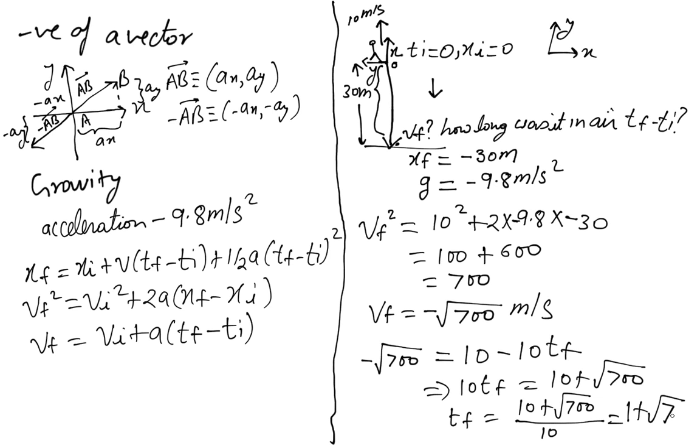So the lesson learned in this particular lecture is that whenever you solve a one-dimensional, or even two-dimensional, which we'll learn later, kinematic problem, always define an axis system and then follow the proper sign convention. In this case we chose the x-axis to be in the up direction, so g is a vector pointing downward, so g is going to be minus 9.8 meters per second square.